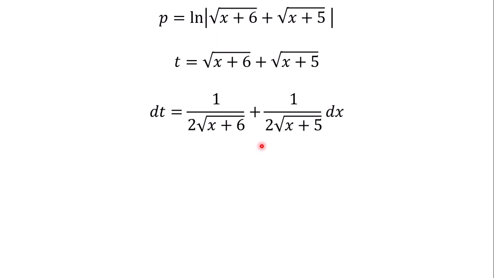But here, if we don't rationalize this one, it is the final answer, but not the final answer yet. It's not the final answer to this one, that is p equal to the natural log of the whole of this.